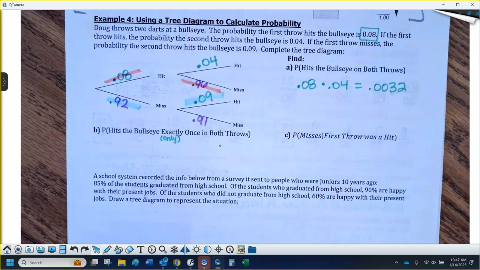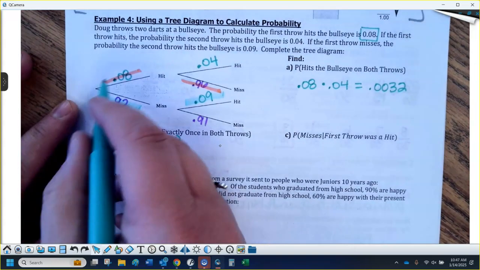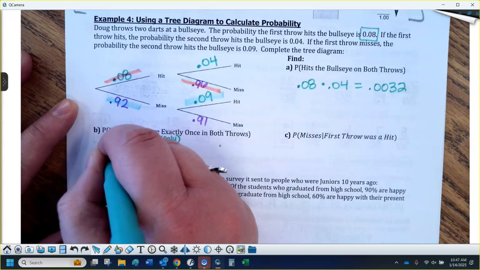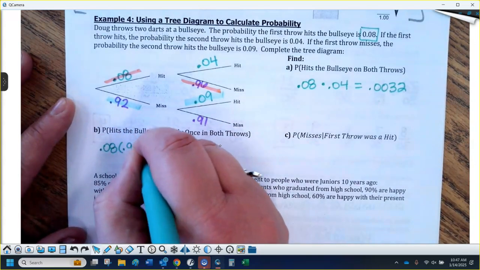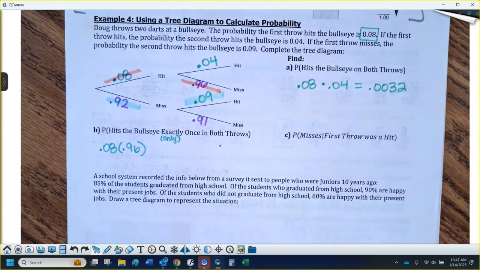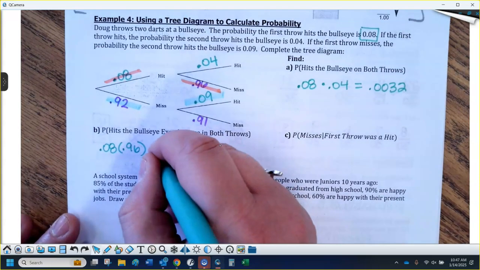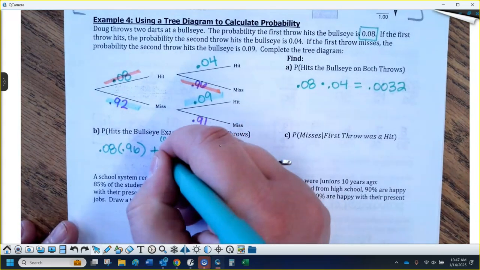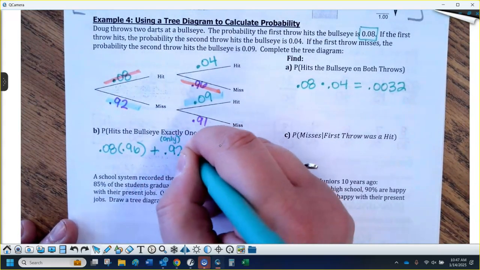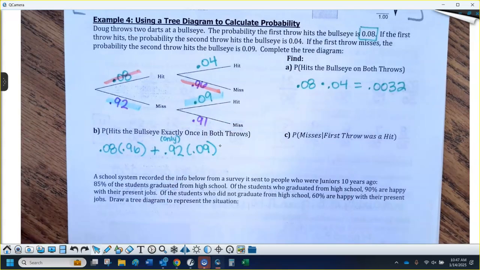So what you would do, we're going to multiply along the branches here. The first one, if I hit on the first, that's the 0.08, but miss on the second, you multiply that by the 0.96. That's one way that could happen. Then I would add that to the other option, where I missed the first but hit on the second.